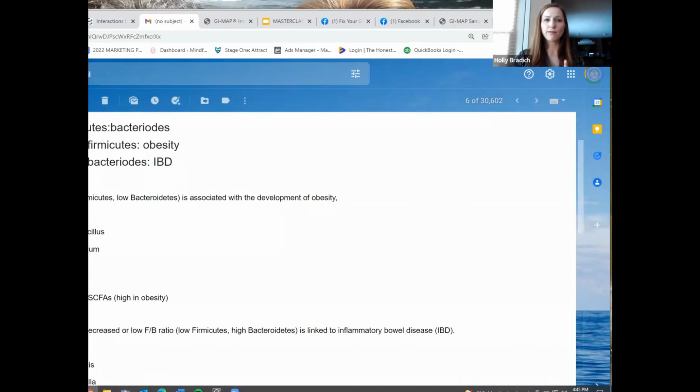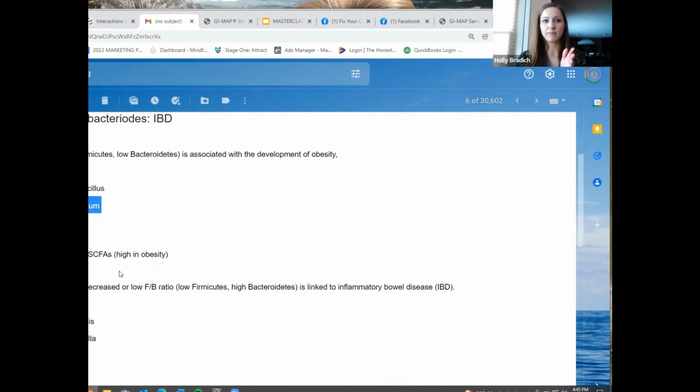So this person had a normal level, but the ratio is where they have more firmicutes than bacteroides, that predisposes a person to obesity. And includes strains like lactobacillus, clostridium, and staph. So we saw that their lactobacillus was quite low, so it's likely that some of these other bacteria are too high, and that's tipping the scale literally to predispose them to metabolic issues, including obesity.